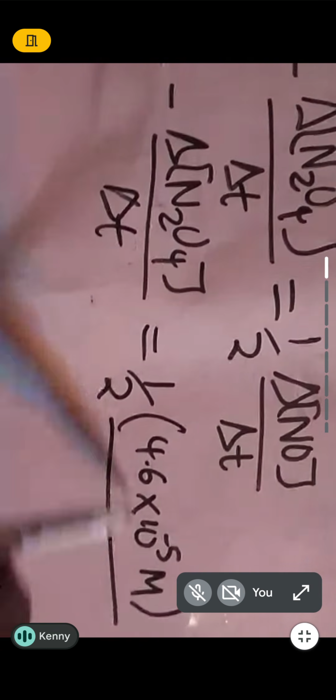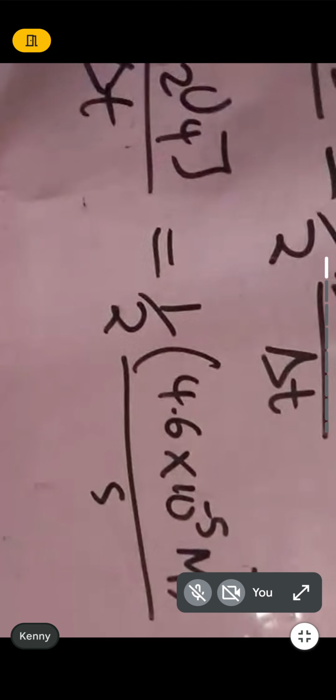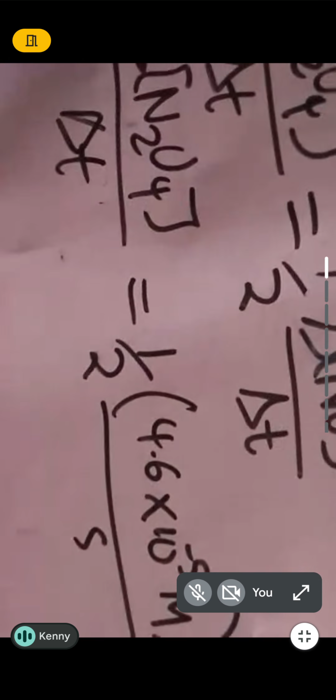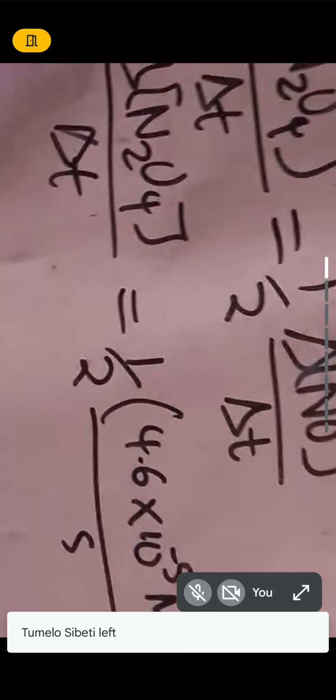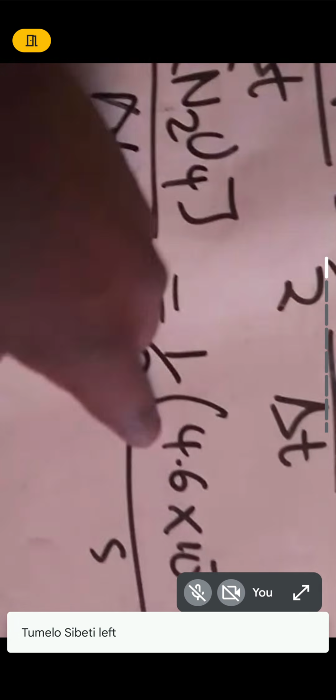Now if we have the figures like this, what will happen? Since we have a half, we find half of that. So help me calculate, since we changed the equation: what is half of 4.6 times 10 to the power negative 5?